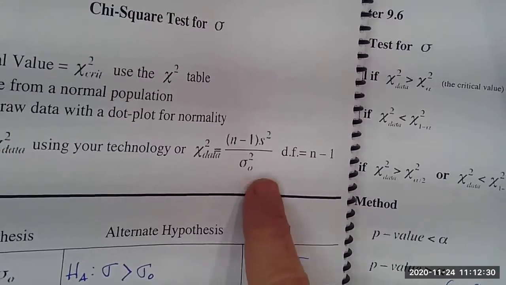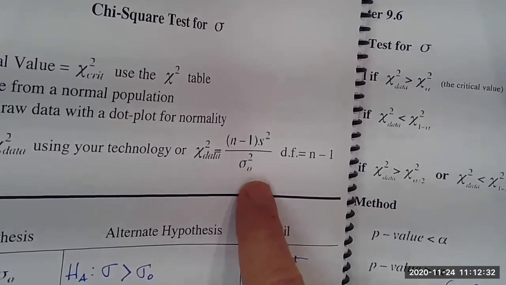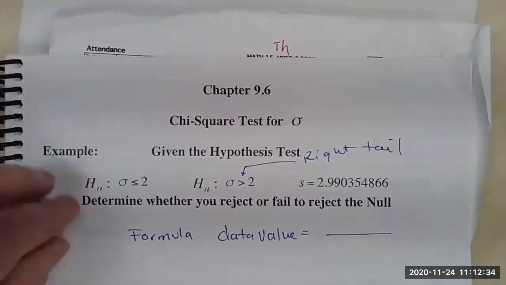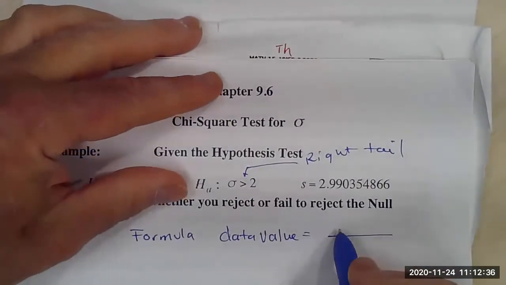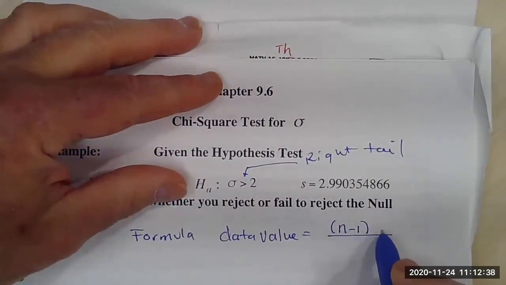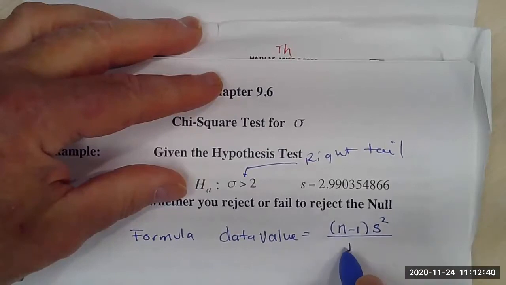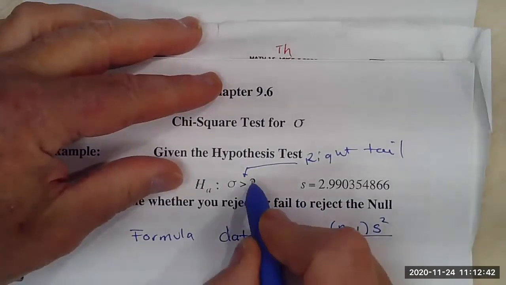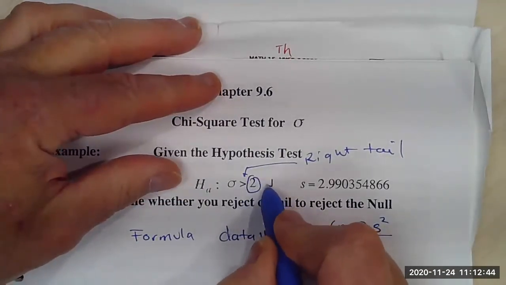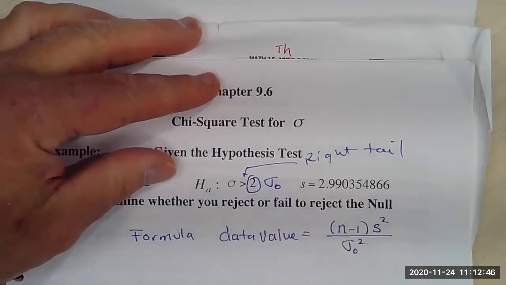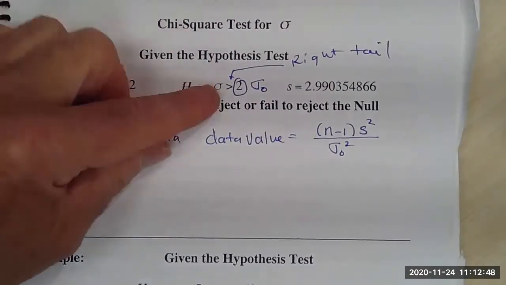N minus 1 s squared over sigma sub naught squared. So N minus 1 times s squared, over sigma sub naught squared. This right here is sigma sub naught. Right there, sigma sub naught.